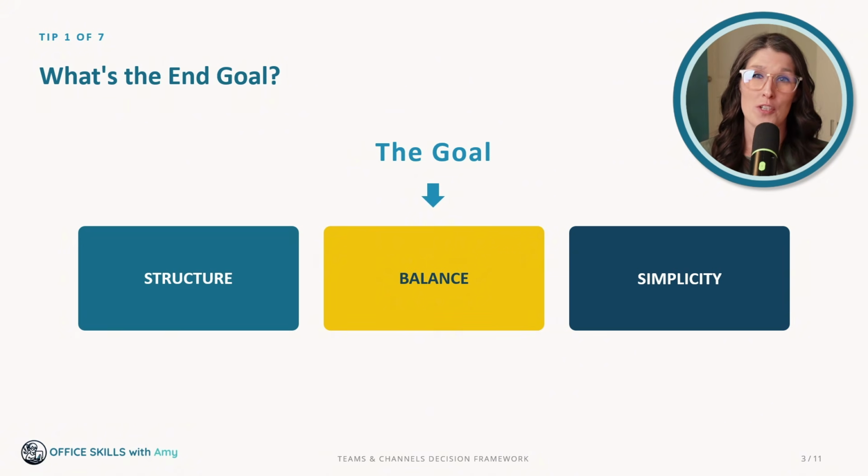But we want to ensure that we are creating those with simplicity in mind. We do not want to overcomplicate things. When we create too many teams and too many channels, then we create a structure that is confusing. People end up just not using them and putting things where they don't belong. So, everything that we cover after this is always going to funnel back to balancing structure and simplicity.